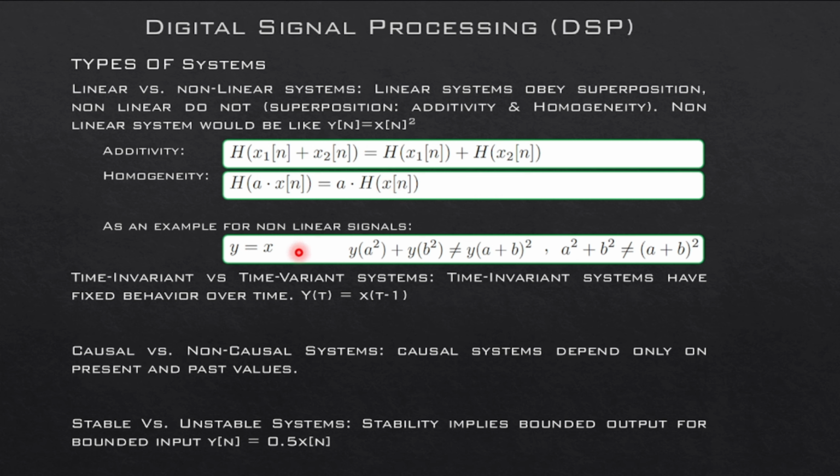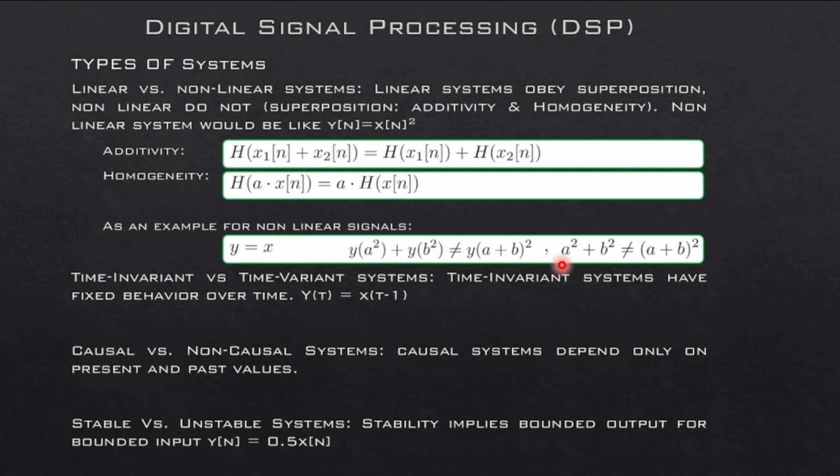As an example, y equals x squared, so y(a) squared plus y(b) squared is different from y(a plus b) squared. Why? Because y(a) squared is equal to a squared, and y(b) squared, if you replace x by b, gives you b squared. So a squared plus b squared is different from y(a plus b) squared, meaning that if you replace x with a plus b and then square it, it gives you a different number.